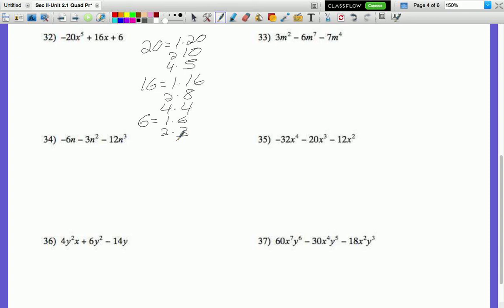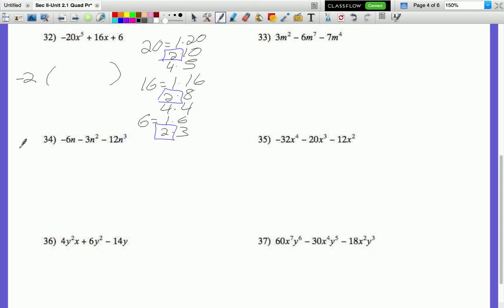What number do they all have in common? It looks like right here we all have a 2 in common. So we're going to pull that out. And since negative 20 is our leading coefficient, it's in front of the variable with the highest exponent, we're going to pull out a negative 2 also.